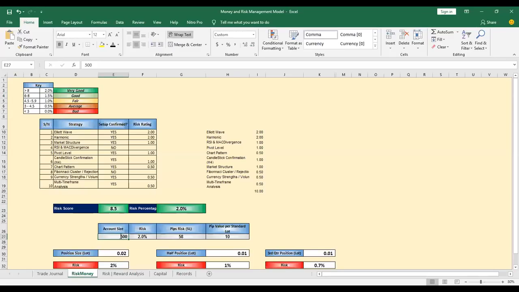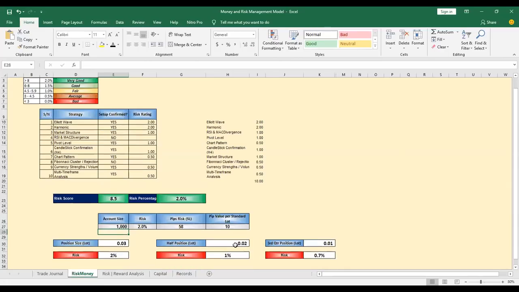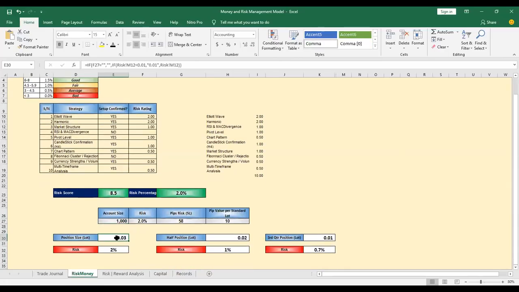So for instance, if you have a $1,000 account, then you are probably supposed to risk 0.03. Some people, because they have $2,000 in their account, for instance, would eventually start using 0.2. No, it depends on how much you are risking, the size of your stop loss. The higher your stop loss, the lower the lot size you are going to use.